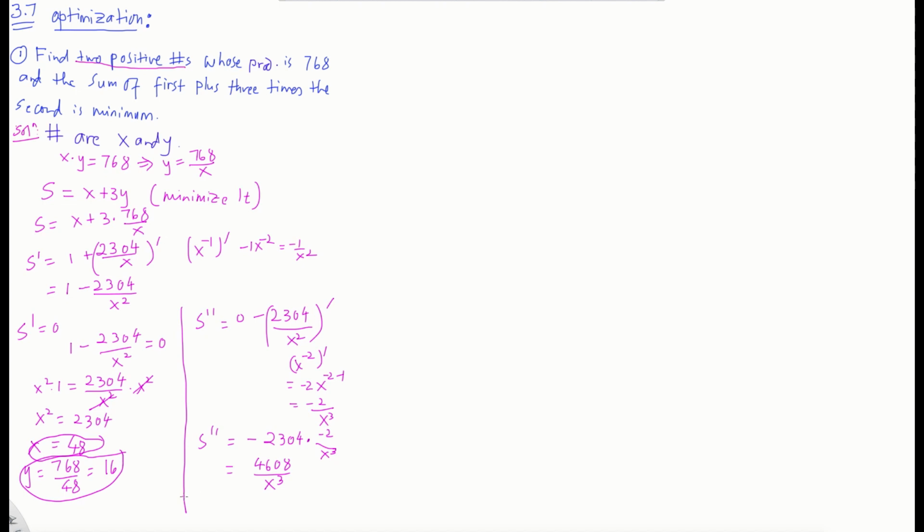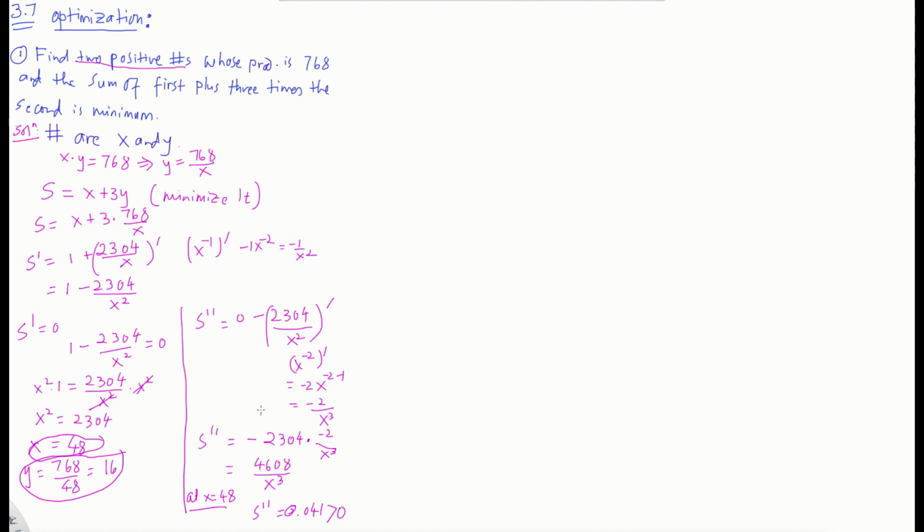Now I want to check at x equals 48. At x equals 48, is s double prime positive or negative? It is positive. If you plug that in, you will get about 0.041, which is positive.